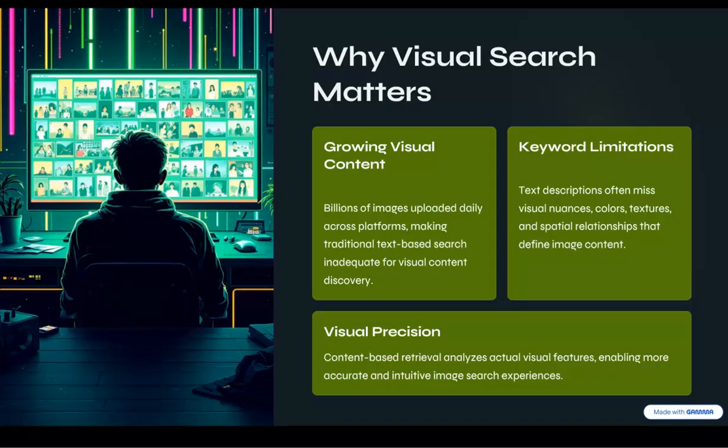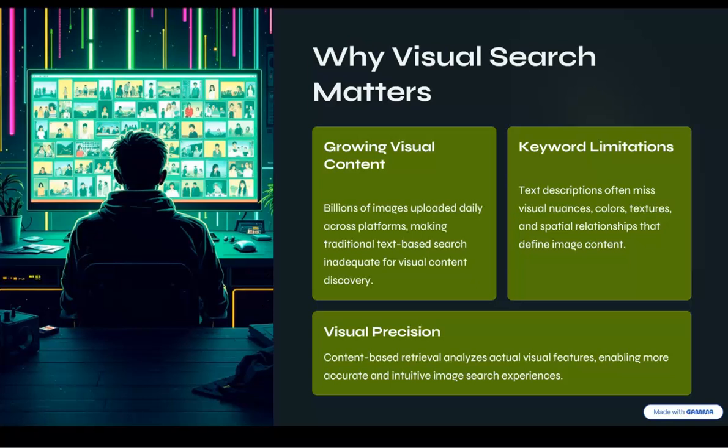Keywords can miss colors, textures, or spatial relationships. If I type a red car, I might miss cars that are maroon or crimson, or even mislabeled images. That's where CBIR comes in.